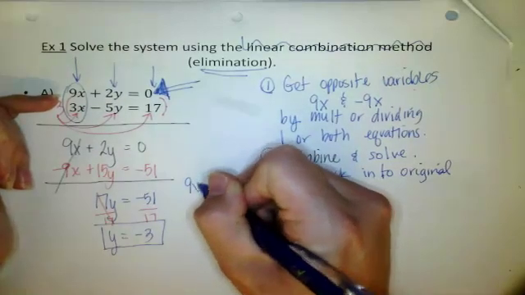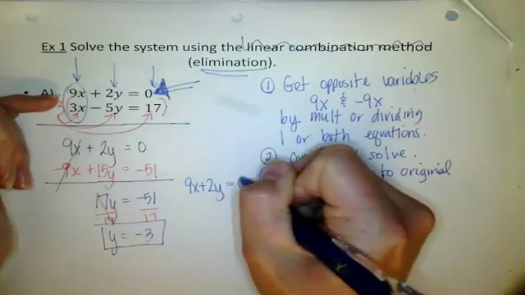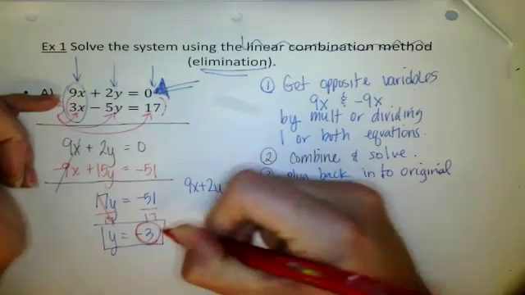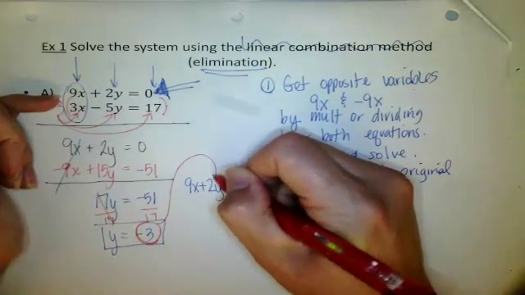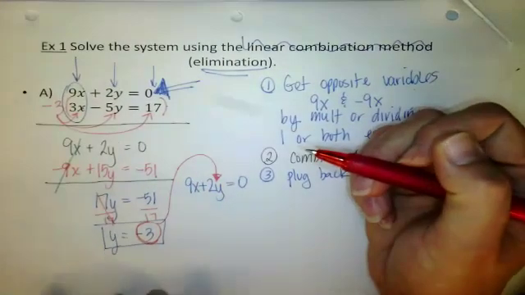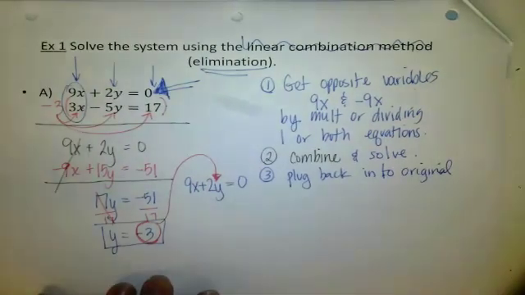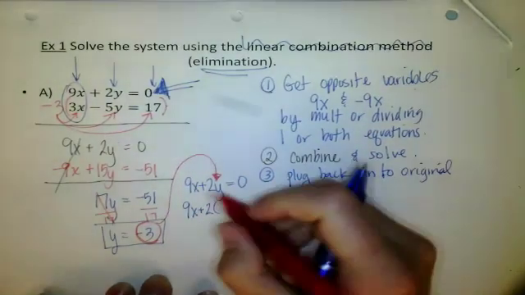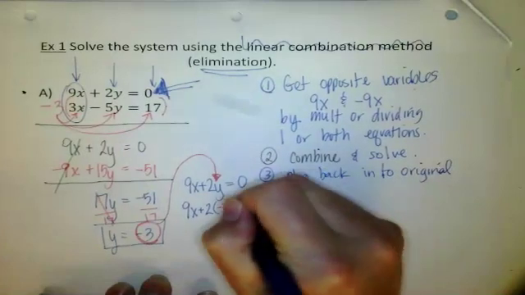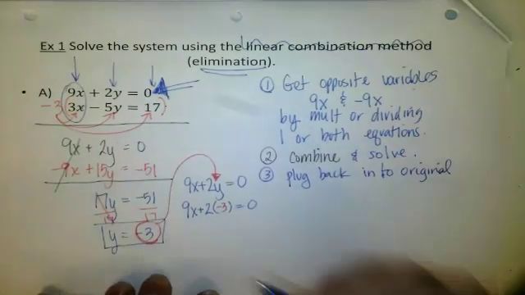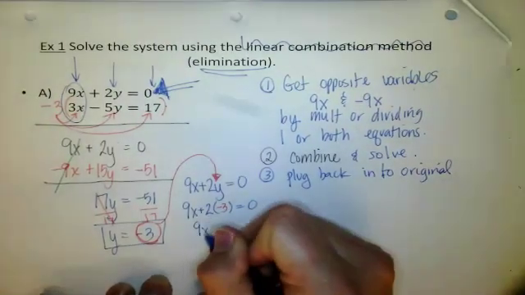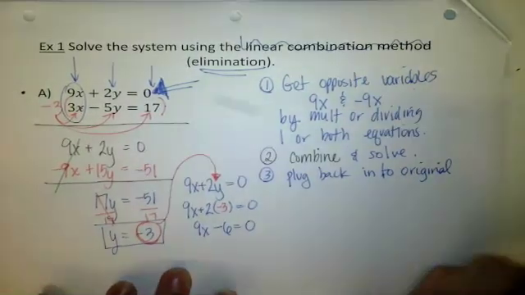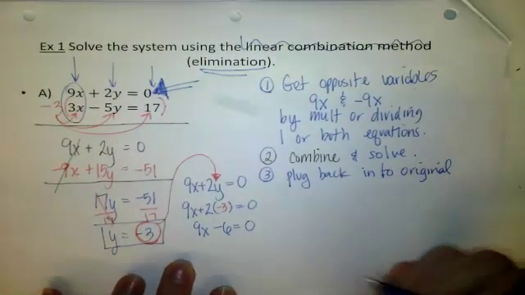So I'm going to take my 9x plus 2y equals 0, and I'm going to plug in my -3. Where do I plug the -3 in? For the y. So 9x plus 2 times the -3 equals 0. 9x, what is 2 times -3? -6 equals 0. And then how do you solve for x?